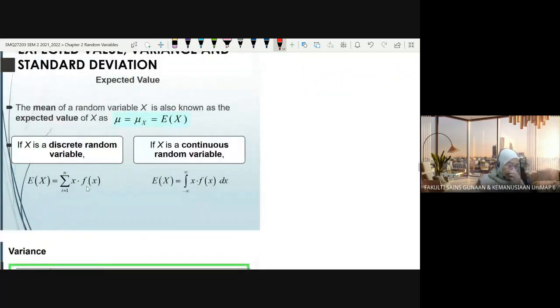If you compare discrete and continuous, this is how we find the mean for a discrete random variable. We have the distribution function, and we multiply each value of the distribution function with the particular x. But for a continuous random variable, we are talking about integration: we multiply the function f(x) by x, then integrate with respect to x.